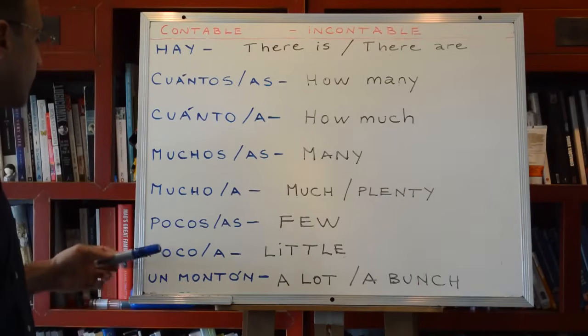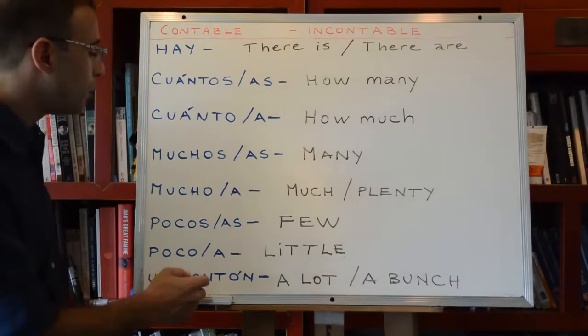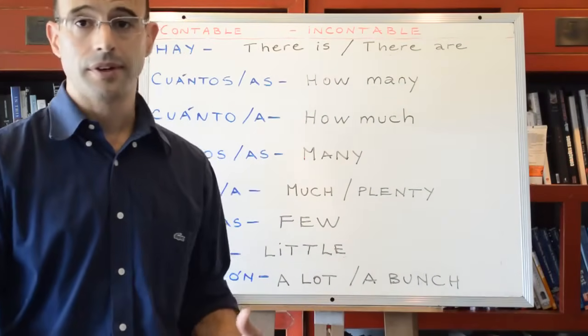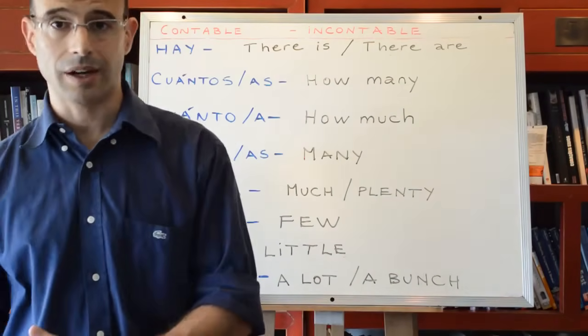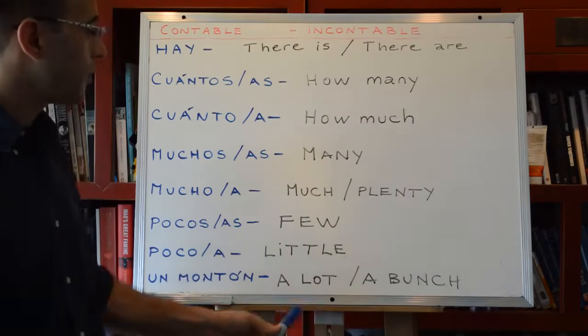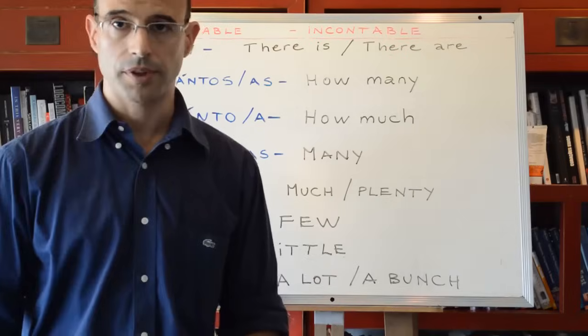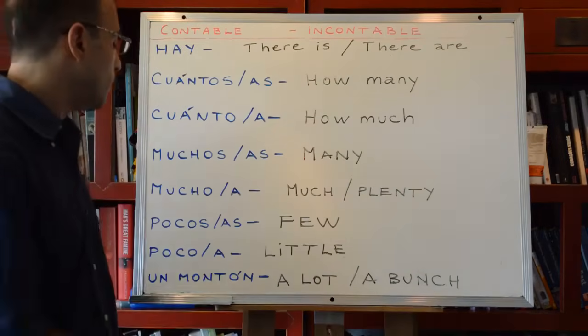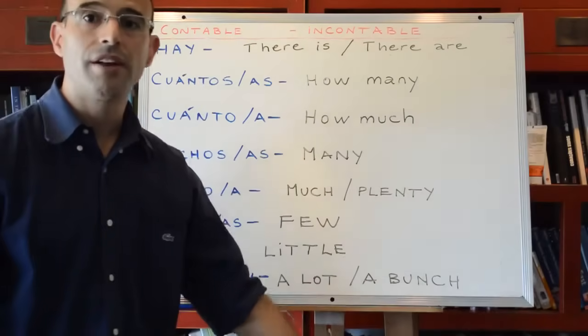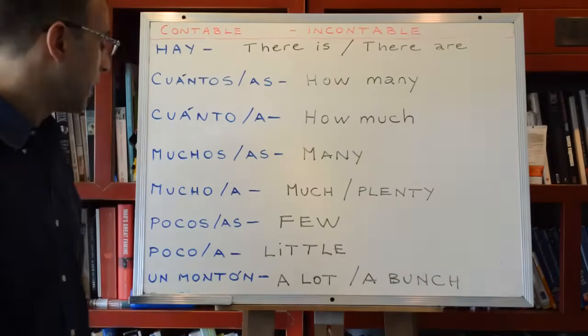And last, I want to show you un montón, which works usually for either case, for countable and uncountable. So un montón would be like saying a lot or a bunch of something, right? Montón literally means pile, a pile of something, right?